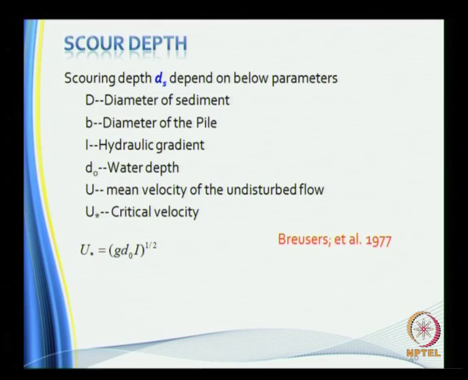Now, scour depth depends on the following parameters: the diameter of the sediment, I mean the grain size, the diameter of the obstruction, which in this case is a pile, the hydraulic gradient I, D is the water depth, U is the mean velocity of the undisturbed flow, and U star is the critical velocity given by this expression, square root of g into D naught into I, as mentioned by Bruce et al. in 1977.